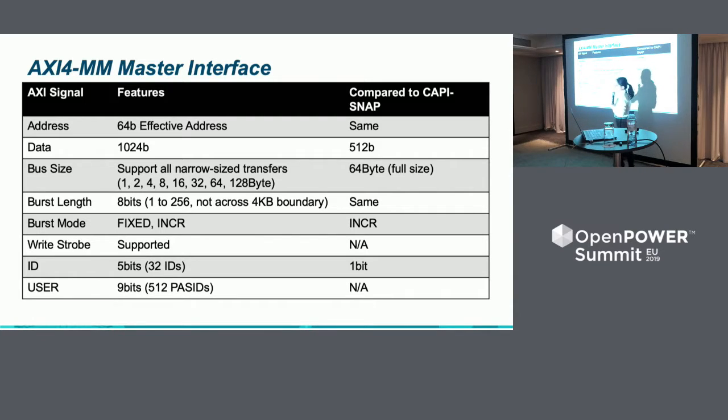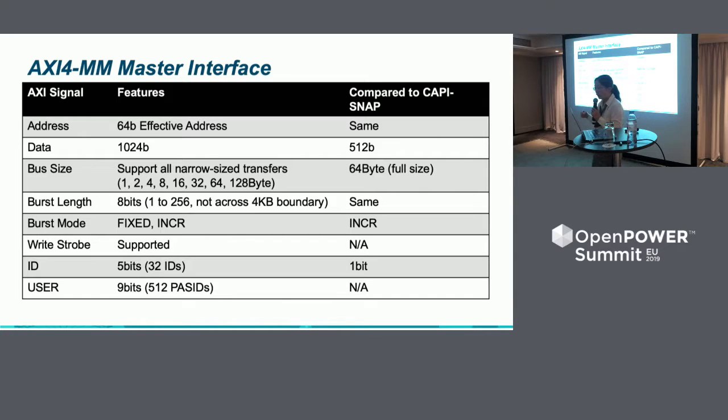Another thing is about the multiple process support. Actually, in many modern accelerator designs, multiple process is very important, especially think about a database. You have to support many users to query your acceleration engine, right? But those users are coming from different processes or process contexts.